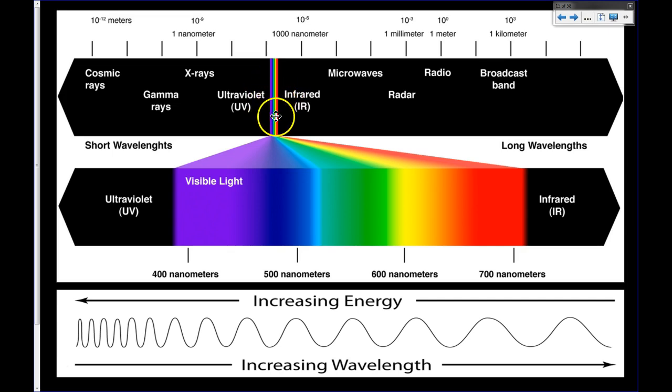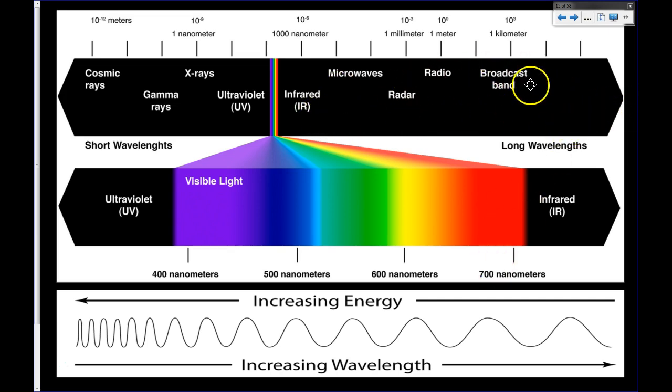But you can see that lower than red, you've got infrared, microwaves, radar, radio, etc. And above purple, I'm talking about above in energy, you've got ultraviolet, X-rays, gamma rays, etc. So higher energy and smaller wavelengths in this direction, lower energy and longer wavelengths in this direction.